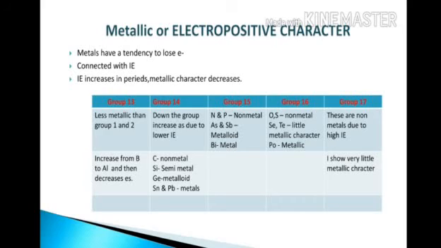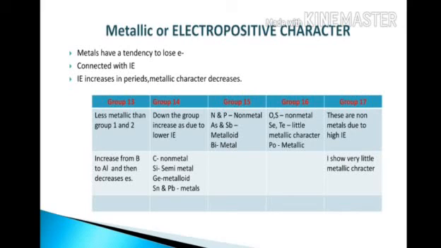In this, carbon is a non-metal, silicon is a semi-metal, germanium is a metalloid, while tin and lead are metals. Now group 15: nitrogen and phosphorus are non-metals, arsenic and antimony are metalloids, while bismuth is a typical metal.